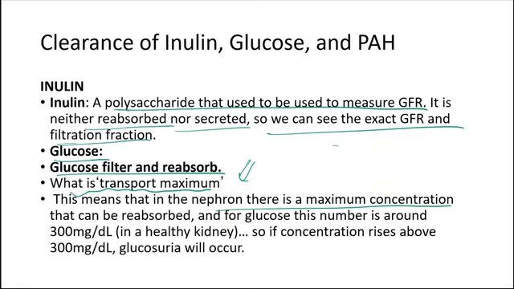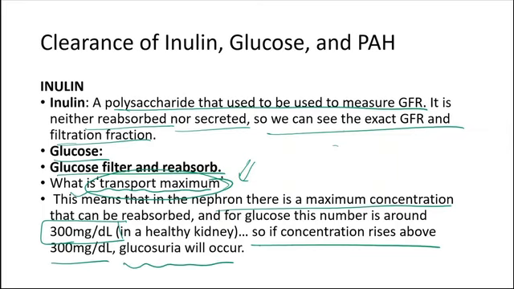There is a capacity by which glucose can be reabsorbed by the kidney, and once that capacity is exceeded, when the glucose is still high above that number, then it will not be reabsorbed. It will start appearing in the urine. The transport maximum for glucose is 300 milligram per deciliter. So if the concentration rises above 300 milligram per deciliter, glucosuria will appear.